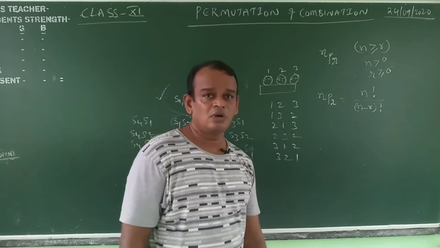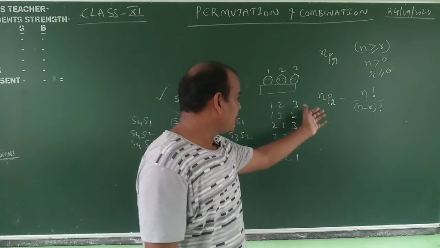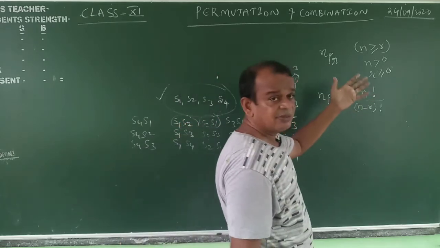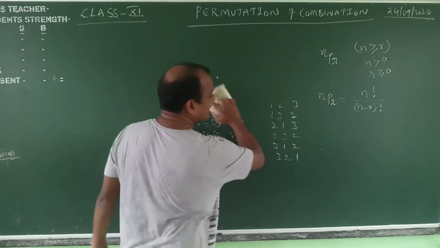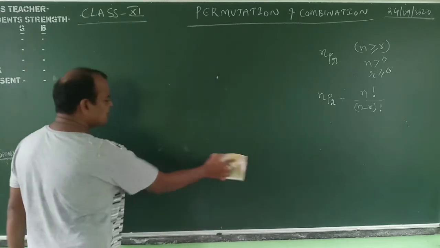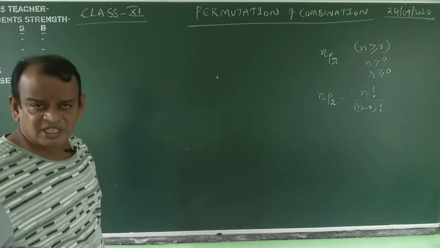How? nPr formula. What is the meaning of nPr? Listen carefully. The number of arrangements, meaning permutation, nothing but arrangement.